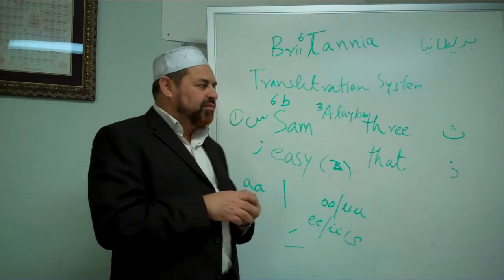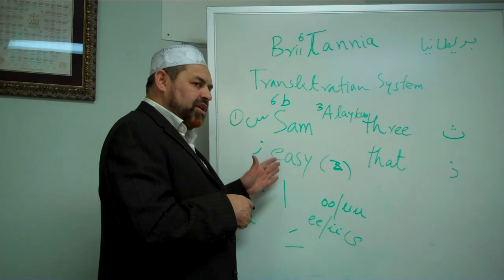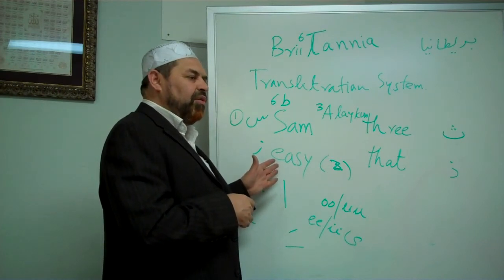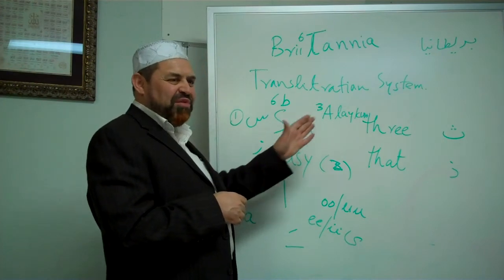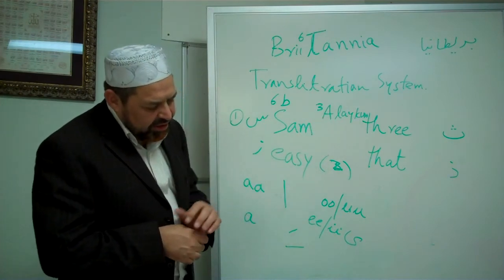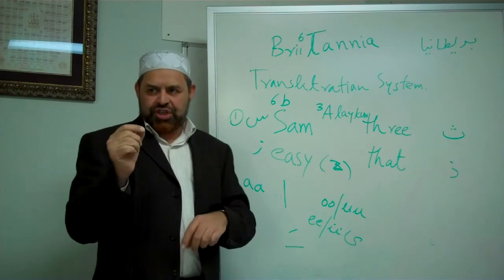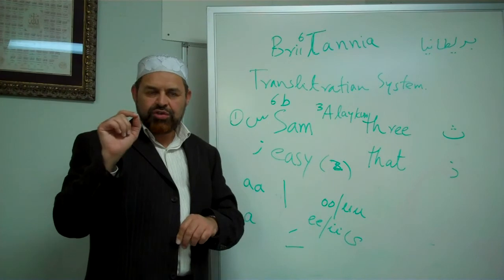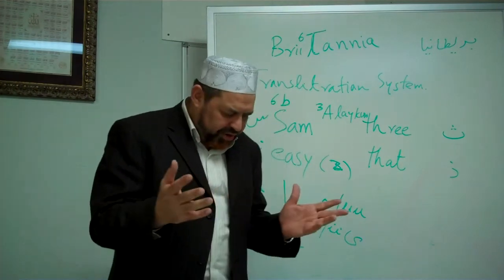We already spoke about this sound Seen in Arabic words: for the Z sound we will not use the Seen, we will use the letter Za for that. Then the next letter is Sheen. Sheen is SH, like in the word shoe or she.